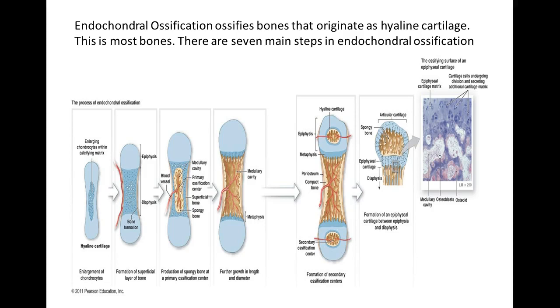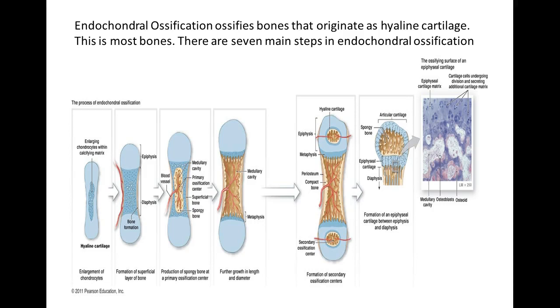When the blood comes to the area, you have blood bringing fibroblasts that give rise to osteoblasts, and osteoblasts build. We know that, and so they will put down a narrow layer of bone tissue on the outside of this hyaline cartilage.